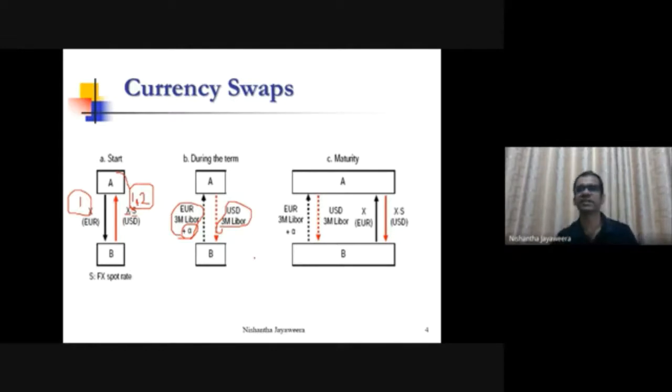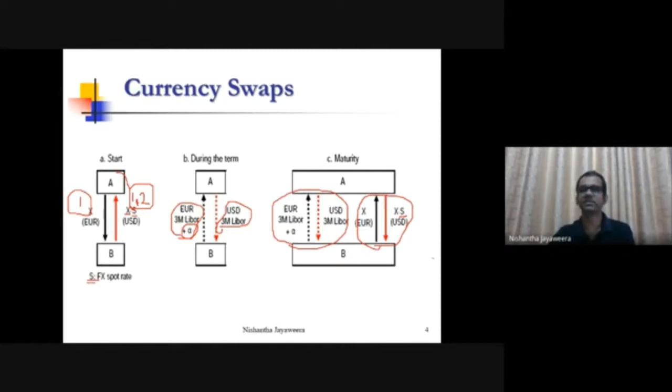On the maturity date, other than this interest exchange, there will be the principal amount exchange as well. Remember, the same principal amounts are exchanged. Irrespective of whatever the spot rate prevailing on the maturity, you still use the spot rate prevailing at the inception, not on the maturity.